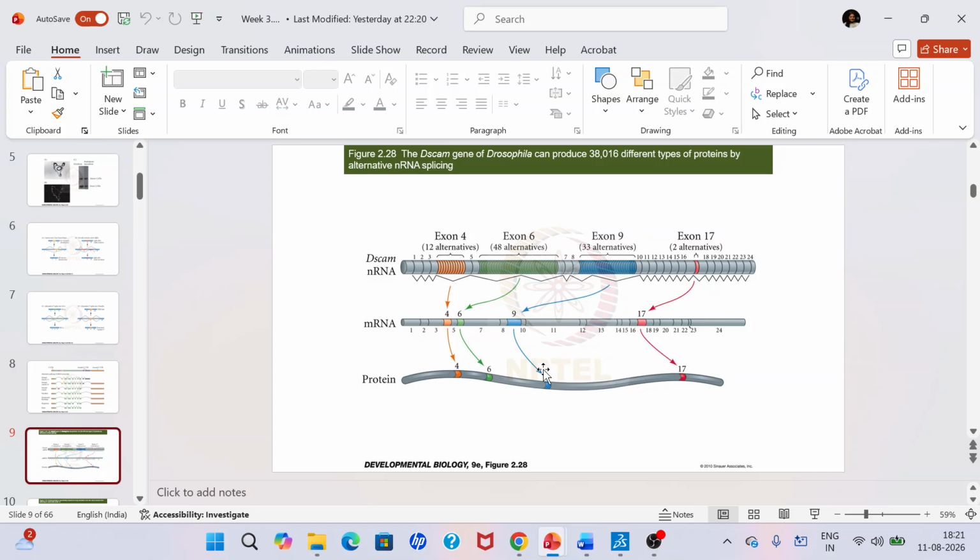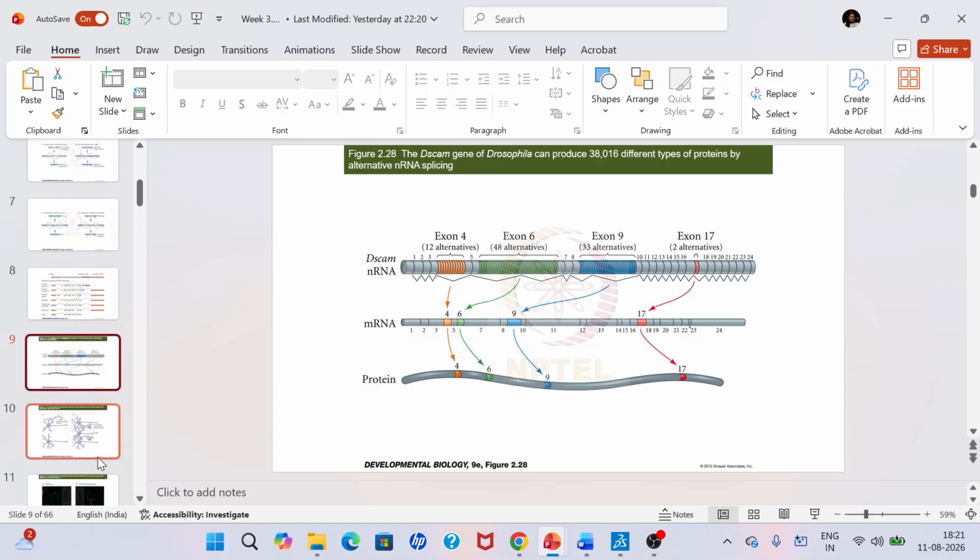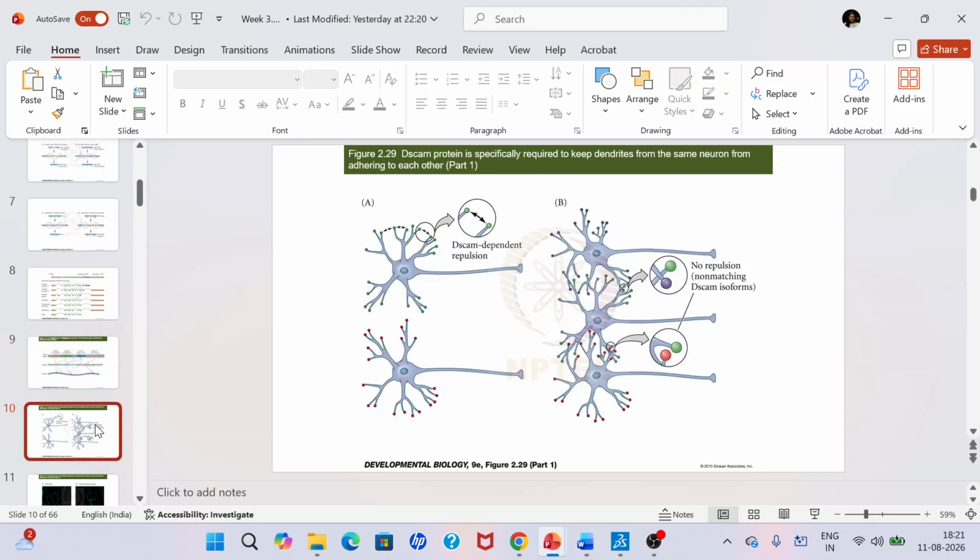From this single RNA, it can lead to formation of these different types of proteins. So again, this is a very good example of differential RNA splicing.